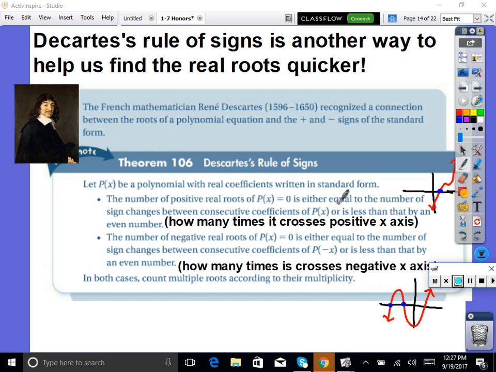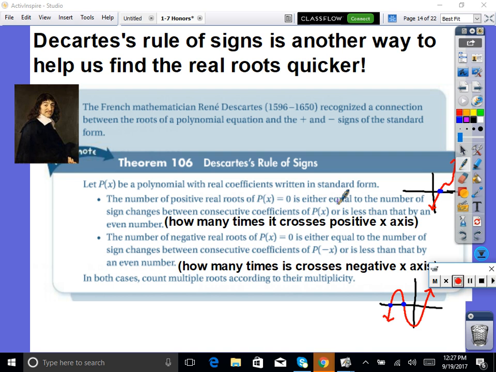What Descartes noticed is that if a polynomial is in standard form, the number of sign changes between positive and negative between terms can tell you how many positive real roots and how many negative real roots you're going to have.